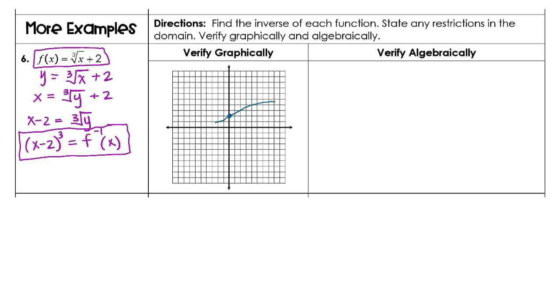So it's going to go down. Okay, and then we've got our other function, which is going to be cubed. So we have a cubic function, and it is going to be moved to the right 2. And so this one is going to do something like this.